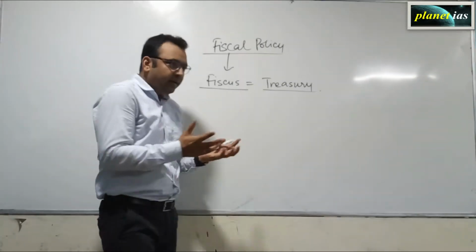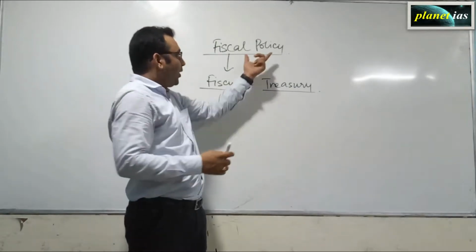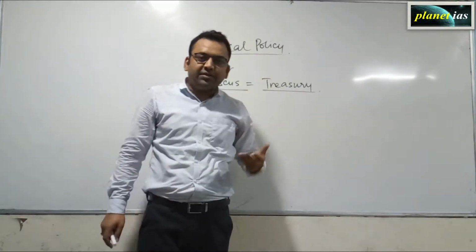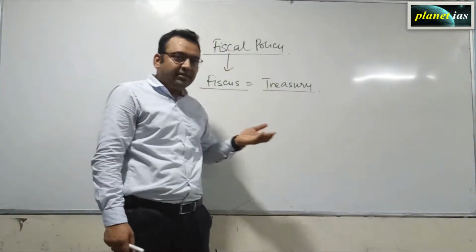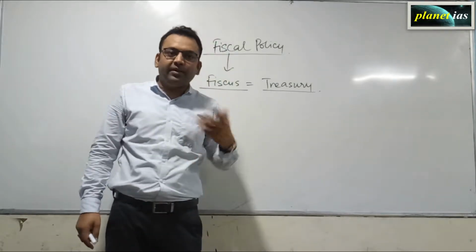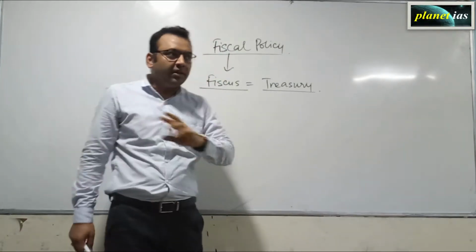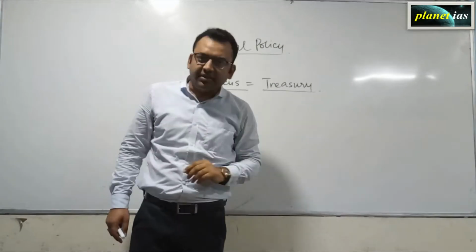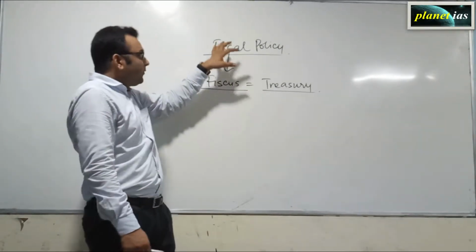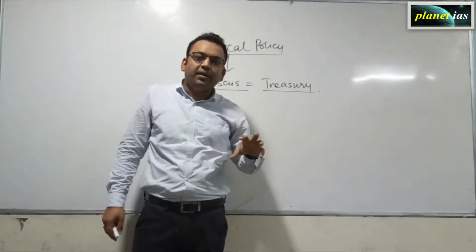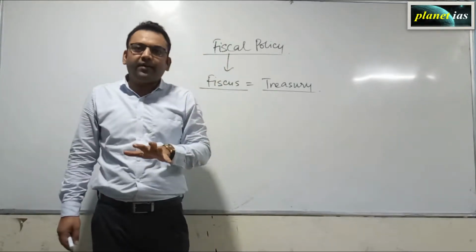So we can comprehend the definition that a policy of the government by which the government manages its own receipts, expenditures, or the deficits is called the fiscal policy. So we can say that the fiscal policy basically caters two aspects of the government.